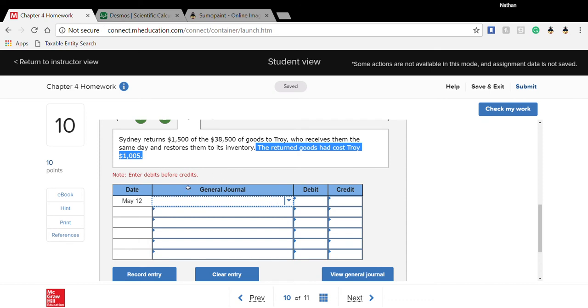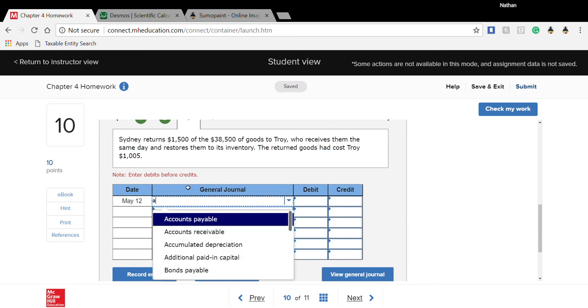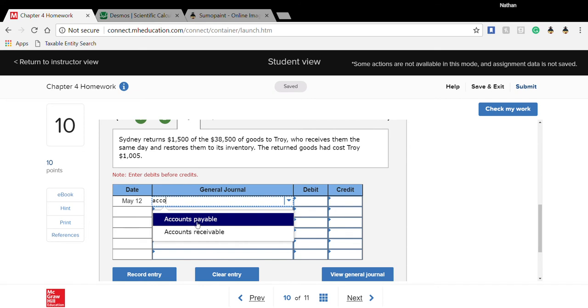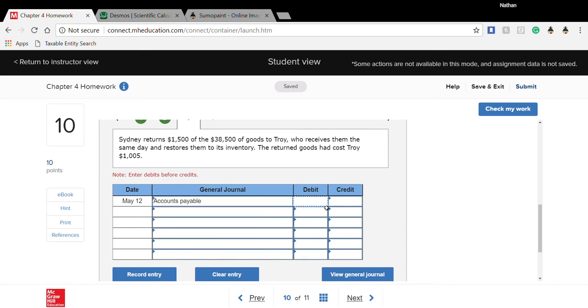With this, it's the simple flip of the cells. We no longer owe Troy that amount, so our accounts payable is going down by $1,500. And that means our merchandise inventory has to go down too.